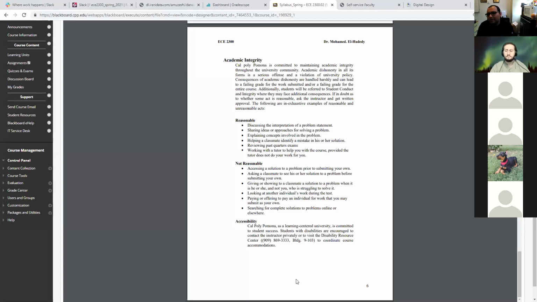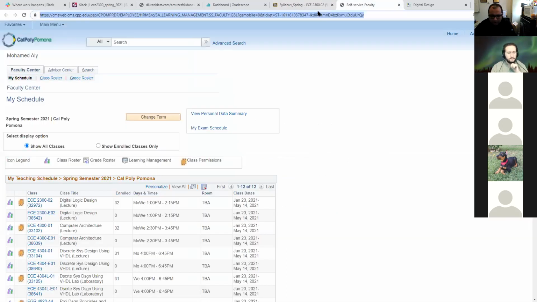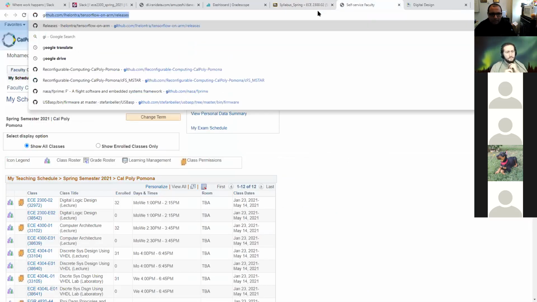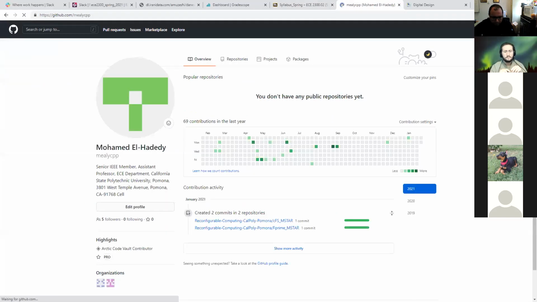How many of you have heard about GitHub? I try to put everybody in my team on the right track. For instance, look, TensorFlow on GitHub. I can show you an example. For my research at Cal Poly Pomona, I created two GitHub accounts.